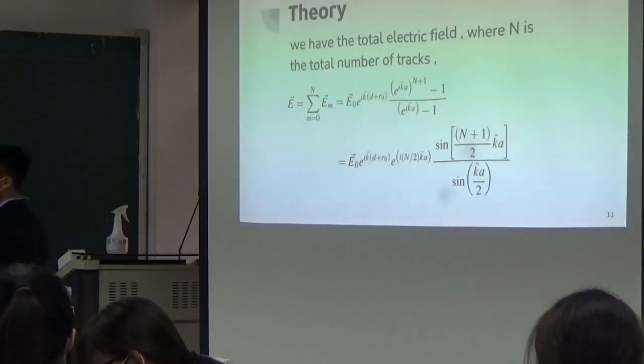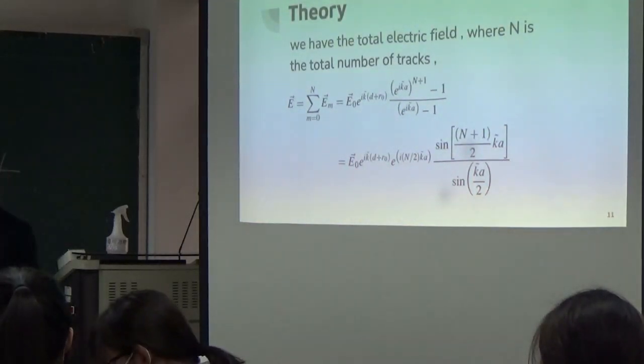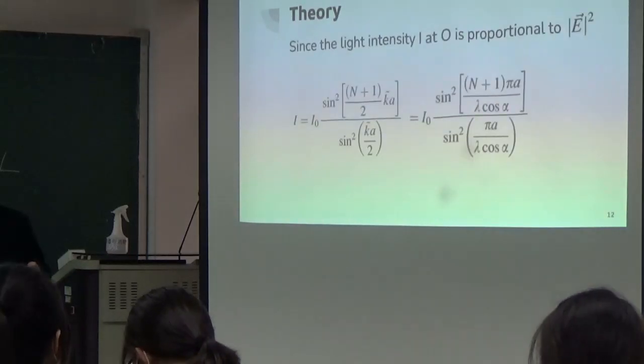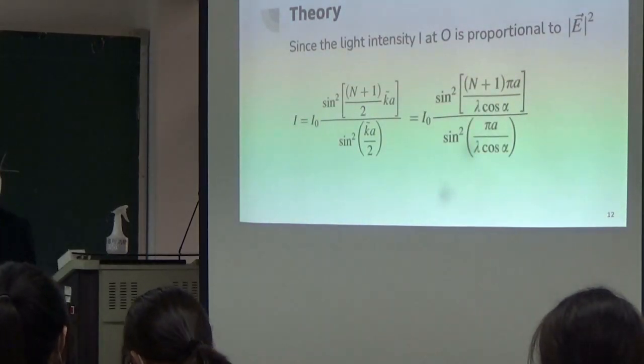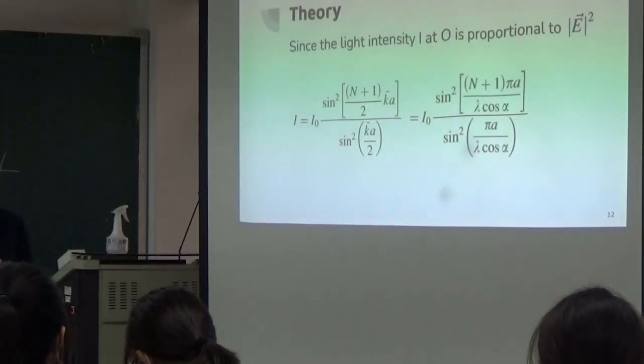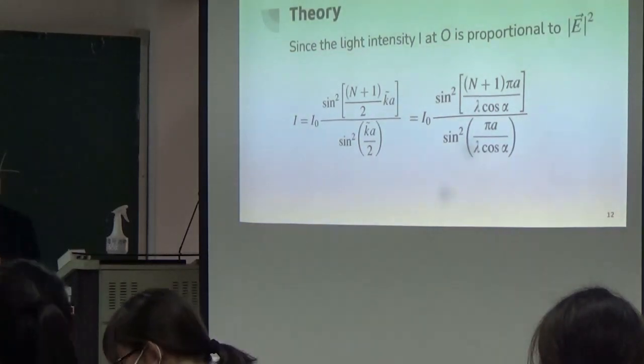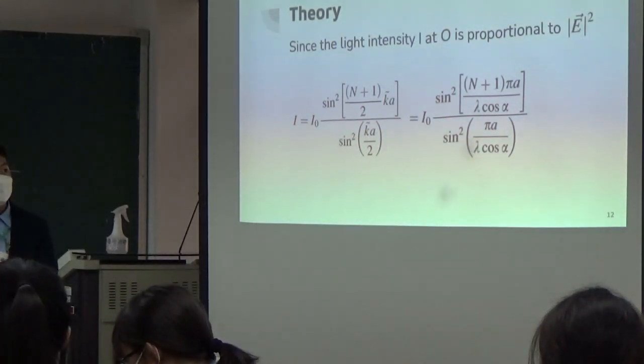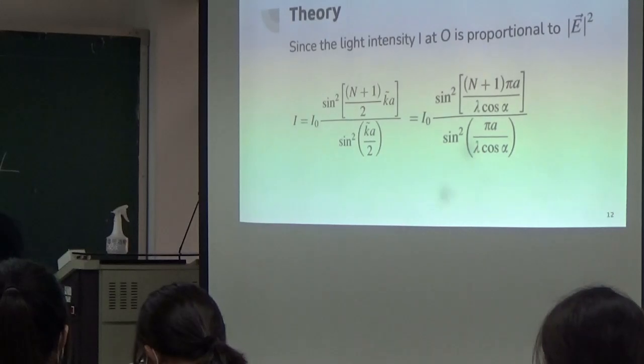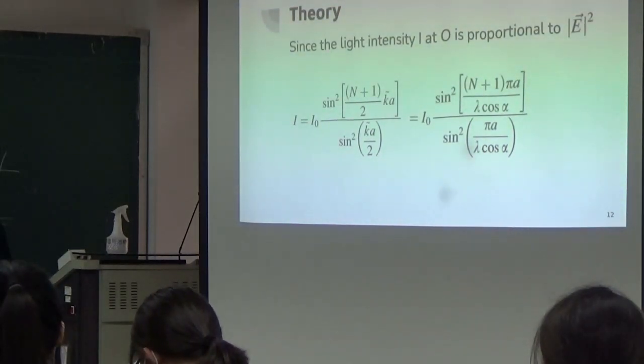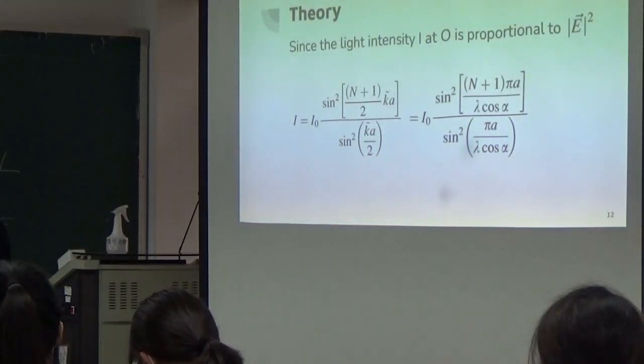Thank you. Okay, can you change the name, please? This thing. Yes, this A. Since the light intensity is proportional to, yes, and the energy of the wave is proportional to wavelength.